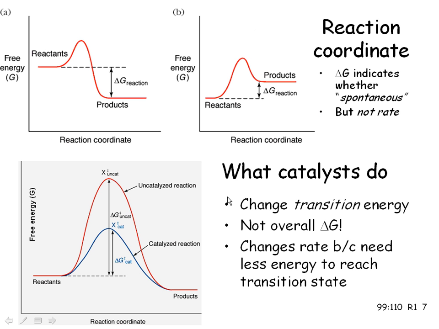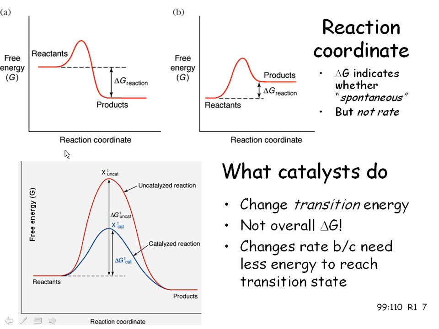When we want to think about enzyme reactions, it's useful to have a way to show the progress of the reaction so we can think about the different aspects of it. And we use for that something called a reaction coordinate. It has a vertical axis that has a real number attached to it, which is free energy, or G. The bottom axis is how far you've gone through the reaction. It's not time or anything like that.